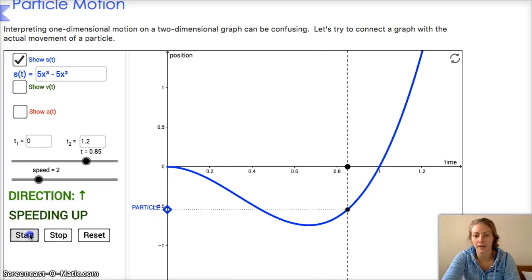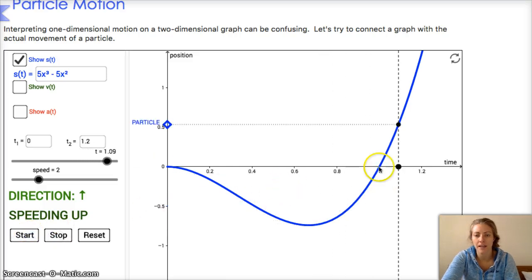And I could keep going and stop. And now it's past 0 again. And now it's maybe 0.1 seconds later, like 1.1 seconds, and is now at the position positive 0.5.